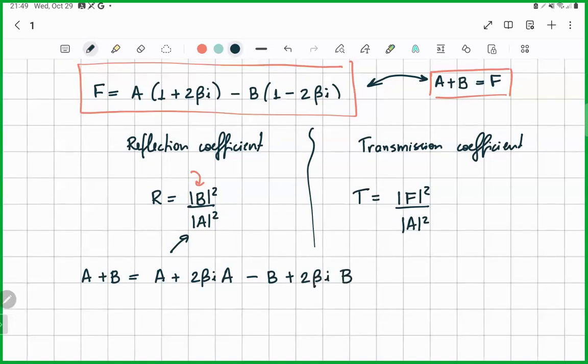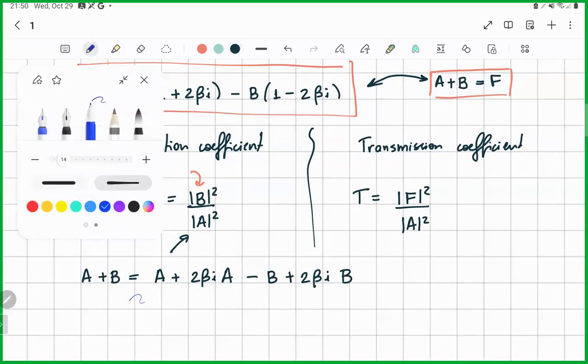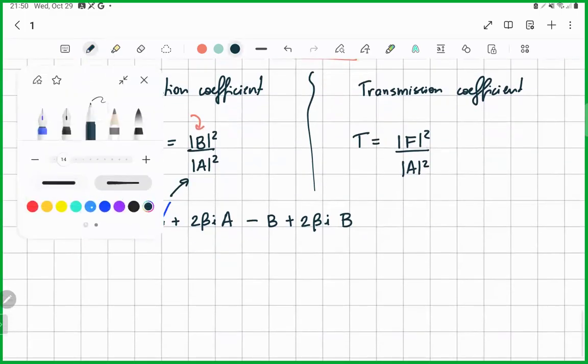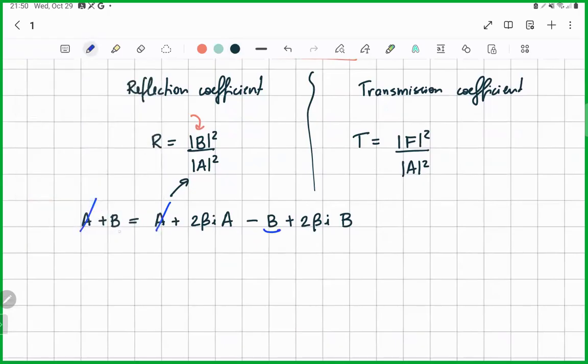I wrote all this to make it easy to see how we can simplify things. So A is gone, and I'm going to bring everything that depends on B to the right side. This B with this B gives us 2B, and this other term gives us minus 2 beta IB. All that equals 2 beta IA.